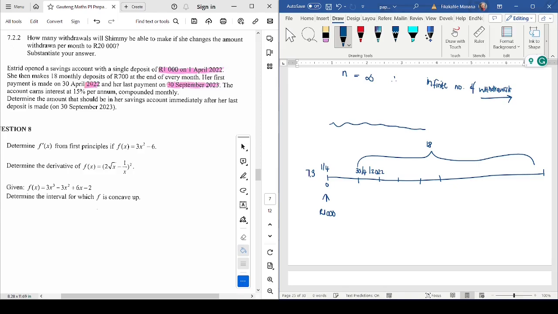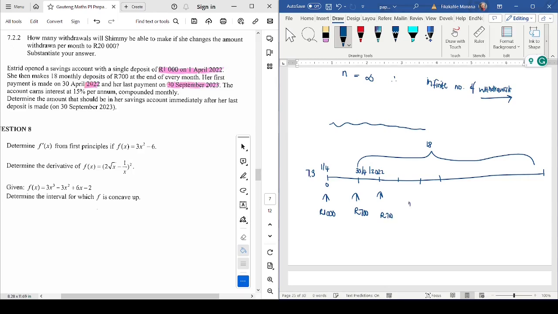You can go and calculate because from 30 April 2022 to 30 April 2023, that is 13 payments. And then you have 5 months remaining. So 13 plus 5, that's 18. Okay, so 18 monthly deposits of 700 Rand. That is what she keeps putting.